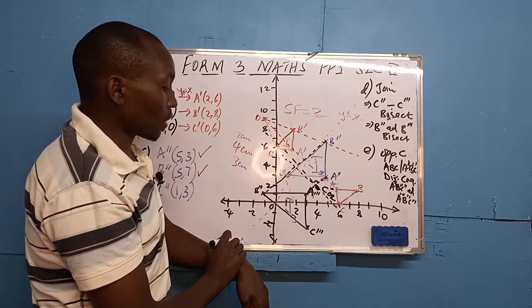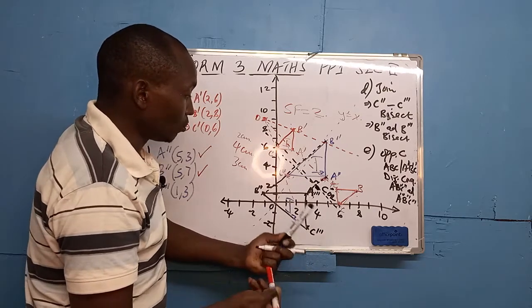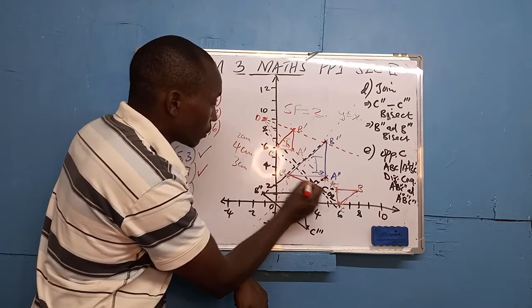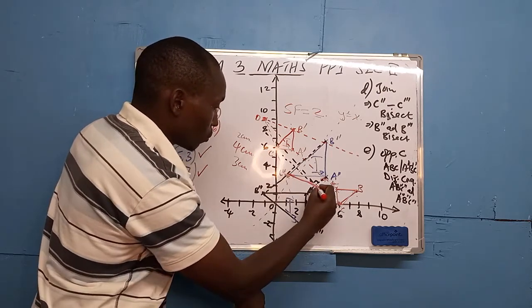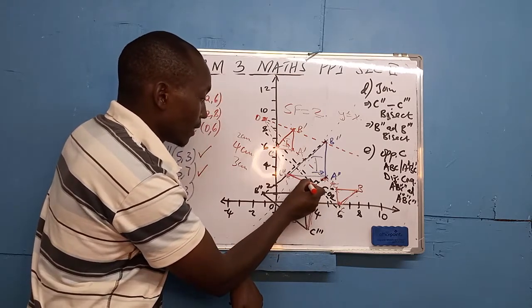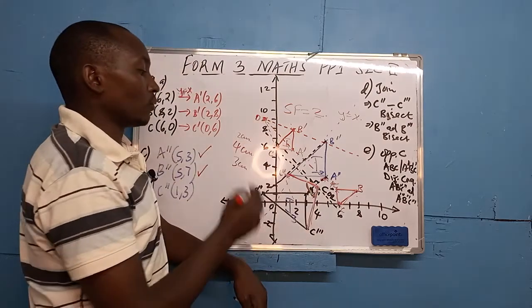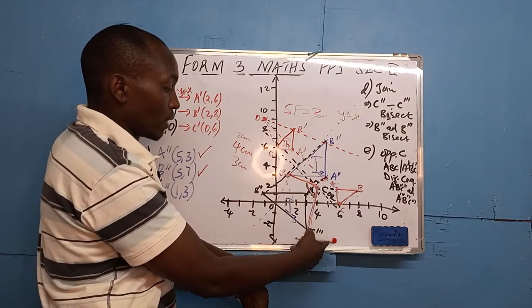How do I know the angle of rotation? I need to join, for instance, the second image of C with its image. When I do that, then I measure this angle. You can consider that the point C double prime is here, triple prime is here.